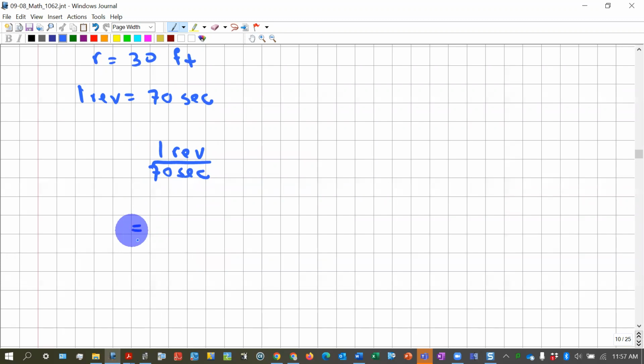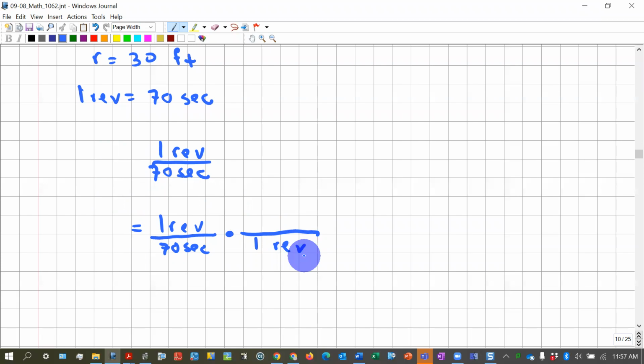But what we need to know, and notice that's still an angular speed, and I'm trying to figure out a linear speed. I'm going to use a similar unit conversion with 1 revolution in the denominator.